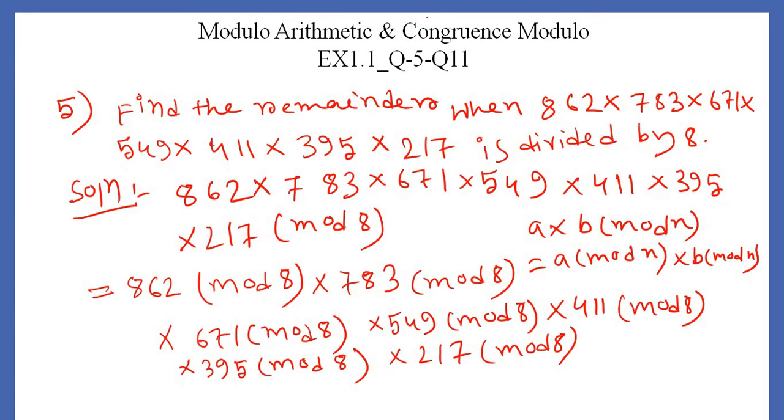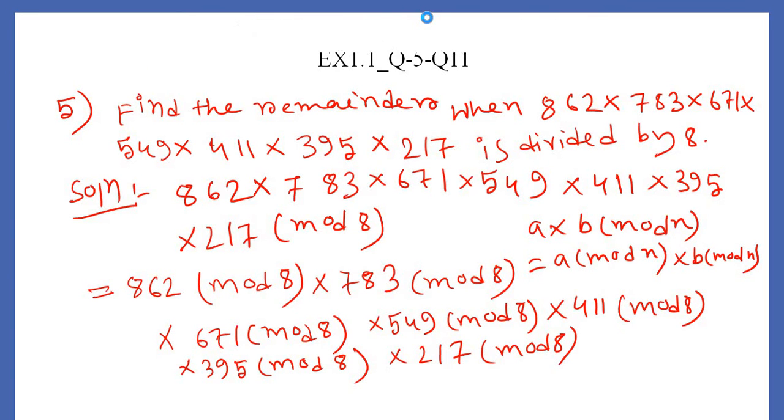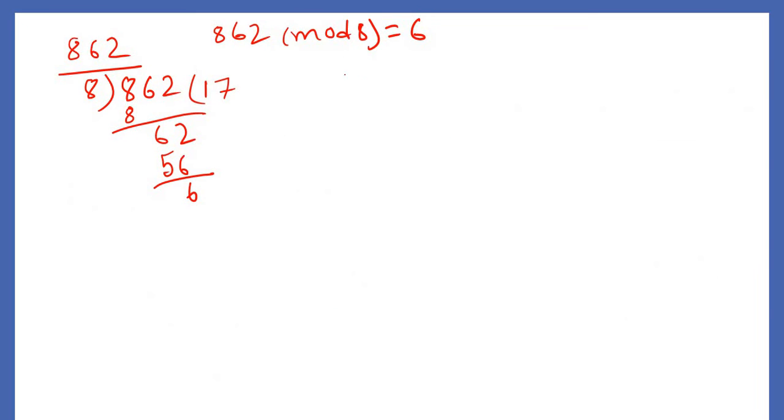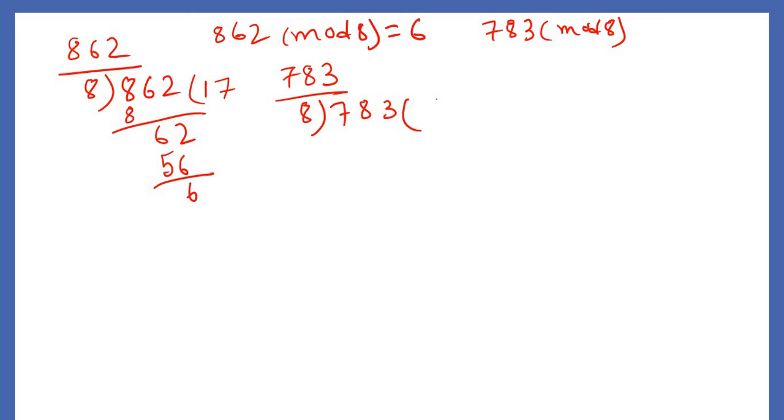Second one, 783 mod 8. So let us find the value of 783 mod 8, that means divide 783 by 8. Now 8 into 10, 80; 8 into 9, 72.